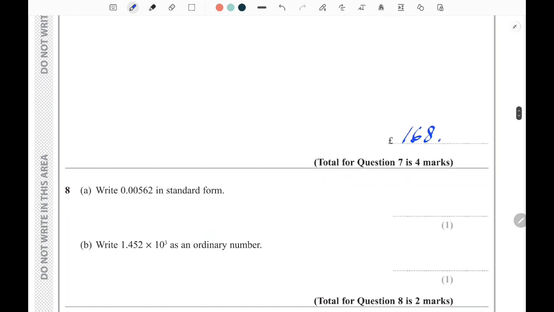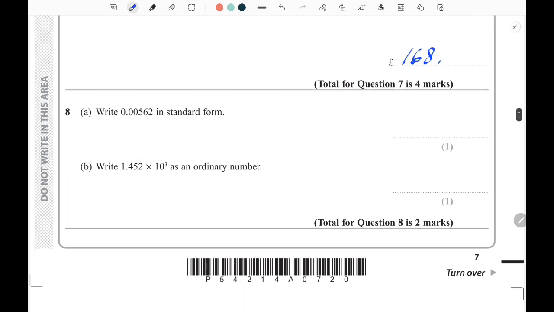All right. Number 8. Okay, standard form. In standard form questions, always start with whatever number you're given. Take the digits of the actual numerical value, so in this case the 562, and start with a value that's 5.62.